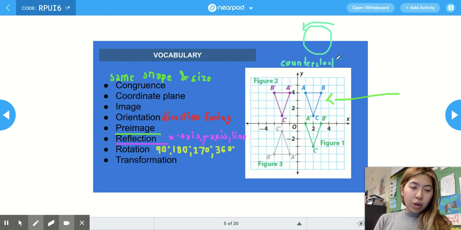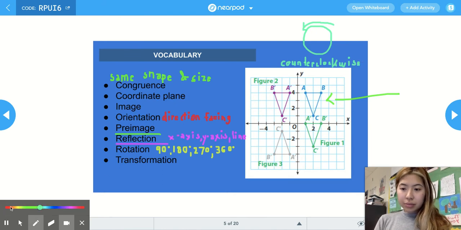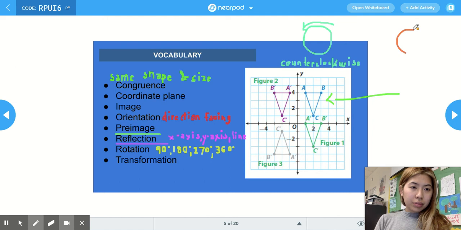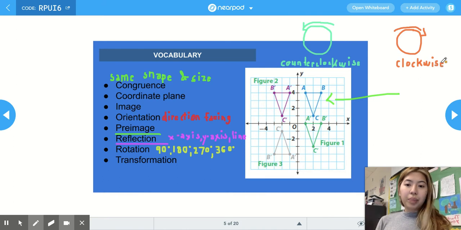And then if it were to go clockwise, it's moving from left to right, which is the way that a normal analog clock would go. And so whether a shape or a point is rotated clockwise or counterclockwise is very important to pay attention to, because that will change the different rules that applies to the points of the shape rotating.